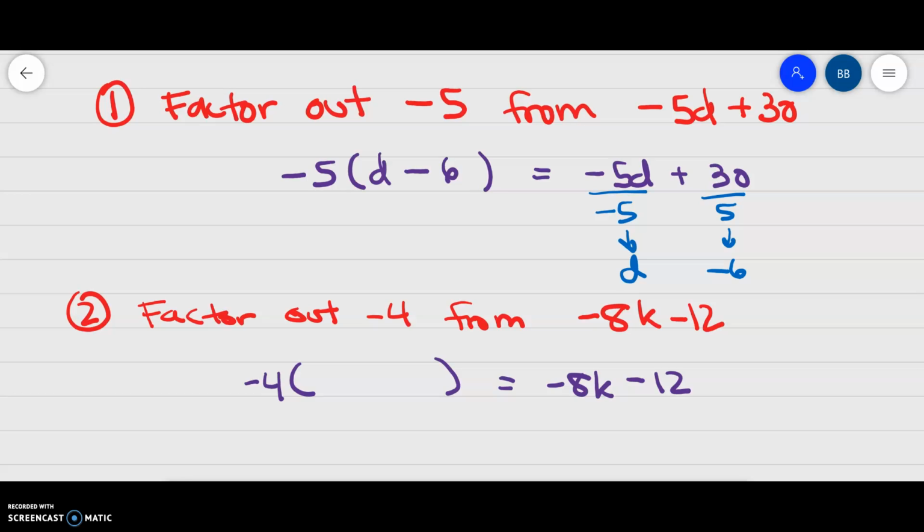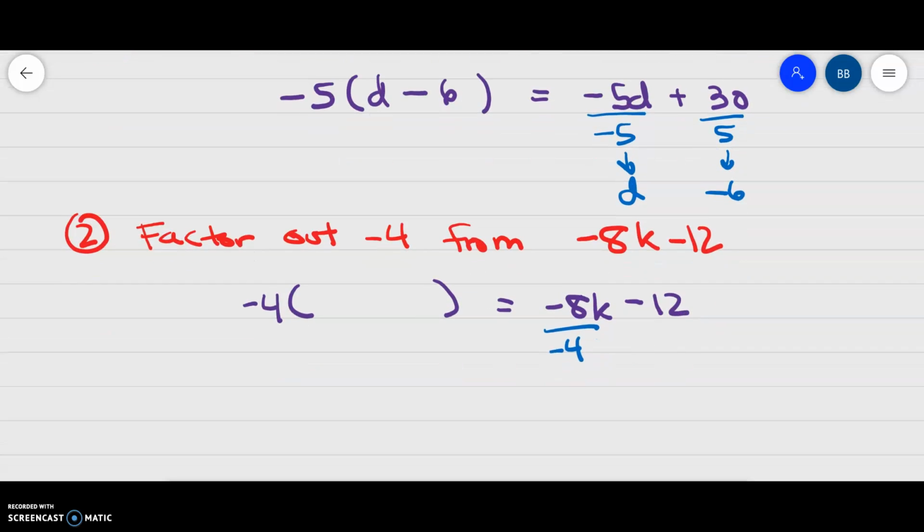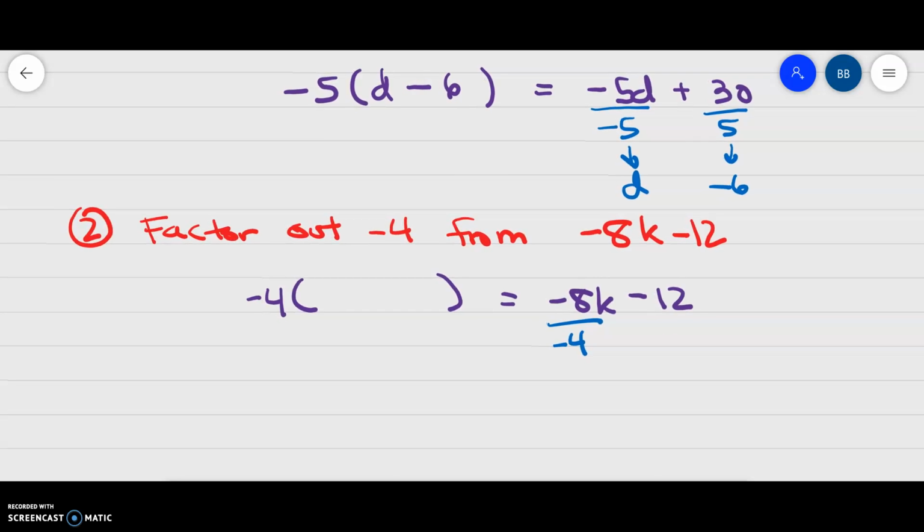So for this one, I think I'm just going to divide each term by negative 4. So negative 8k divided by negative 4. Negative 8 divided by negative 4 is a positive 2, and then it's all multiplied by k. So for this next one, we have to be really careful, because the minus in the minus 12, that minus sign stays, so any sign in front of the term stays with that term.